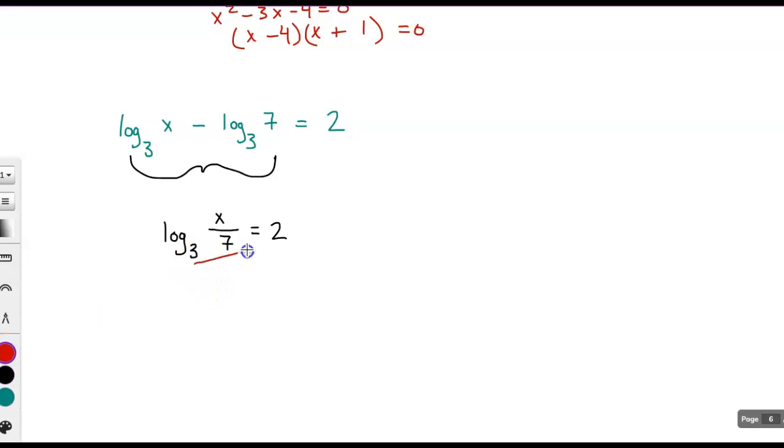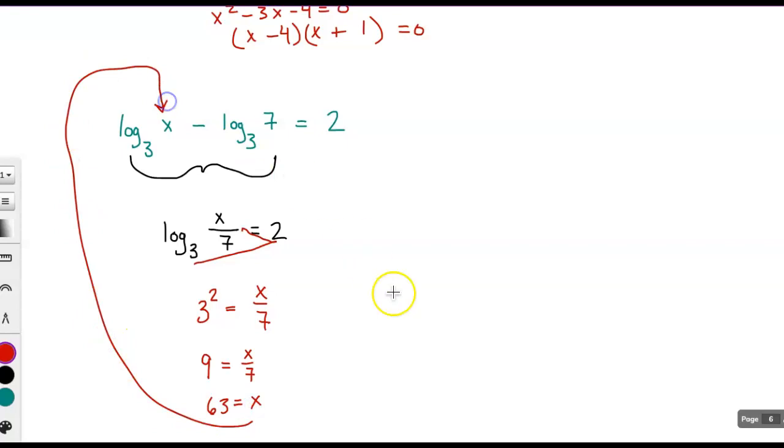So 3 squared is 9 equals x over 7. Multiply 7 to both sides, you get 63 equals x. If you check it, that's not making you take the log of a negative number, so that answer would work.